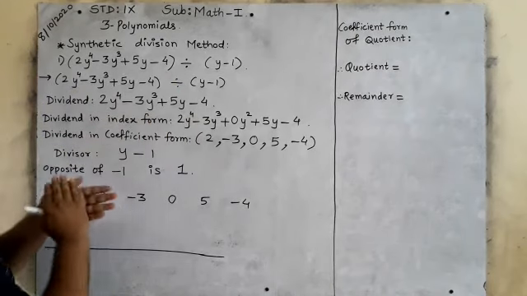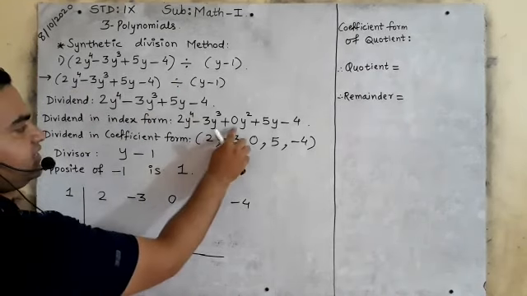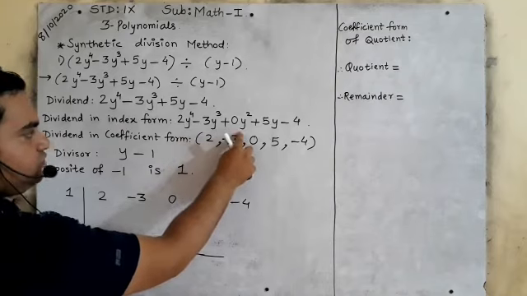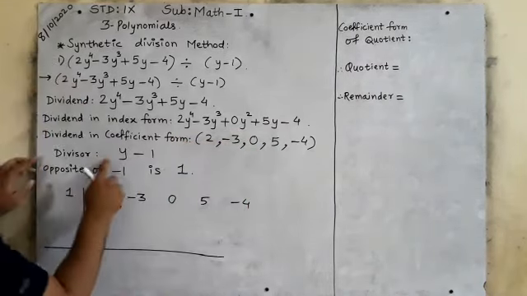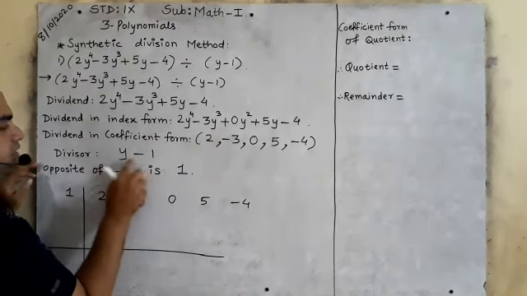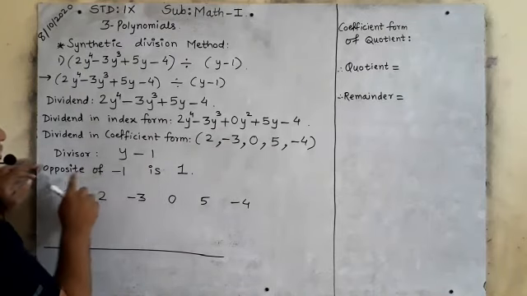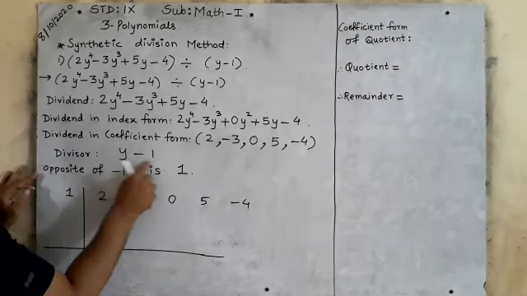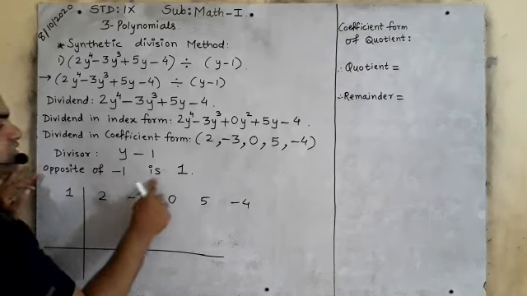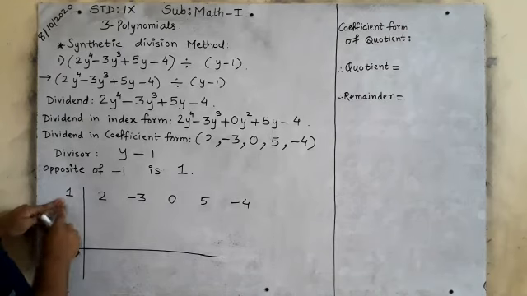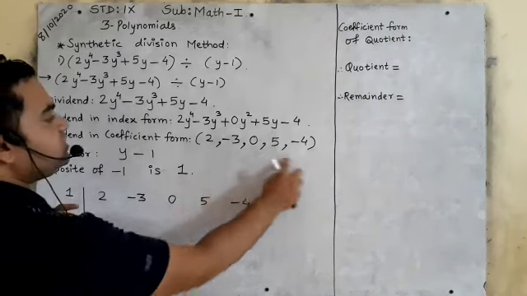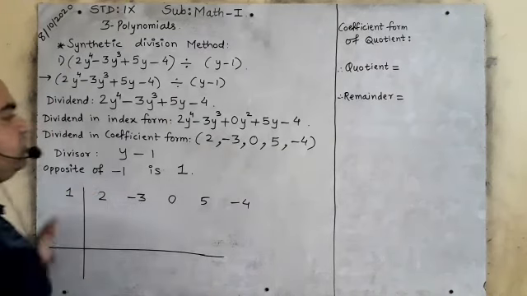If the dividend is not in index form, write the missing term also. Then write the coefficients of that dividend. Then write the divisor: whatever number is alongside the variable, you will write the opposite of it. Here it is minus 1, and the opposite of minus 1 is 1. Then you will write this here, and here you will arrange the coefficients of the dividend.